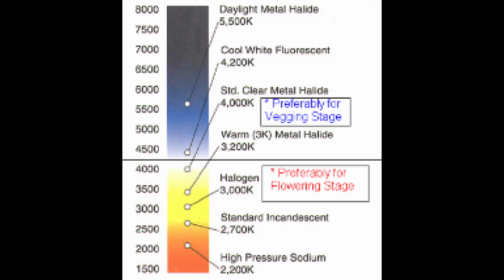So a lot of times when people set up their systems indoors, they'll start out with the cool blue lights, which are in what they call the cool spectrum. And when their plants are ready to start flowering, then they'll either leave the blue light there and supplement in a warm light, or they will eliminate the blue light and just have the warm lights.